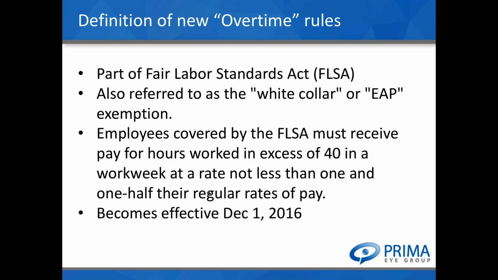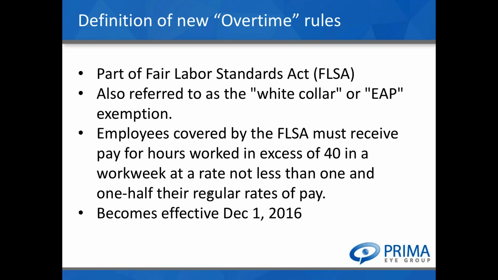So for employees covered by the FLSA, you're required to pay them overtime at time and a half when they exceed 40 hours of work in a given week. You'd pay them at a rate not less than 1.5 times their regular rate of pay. And it's important to note that this is calculated weekly.